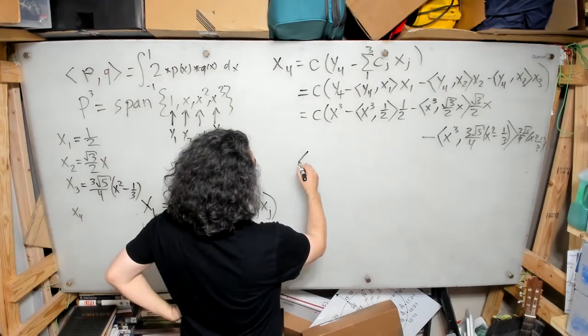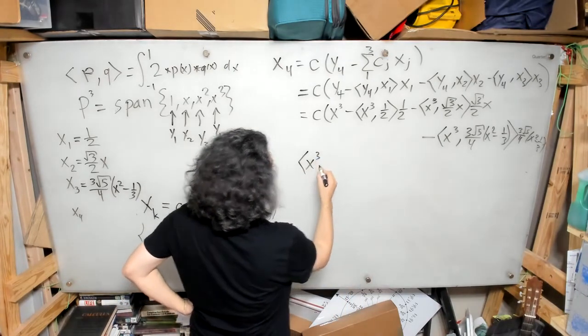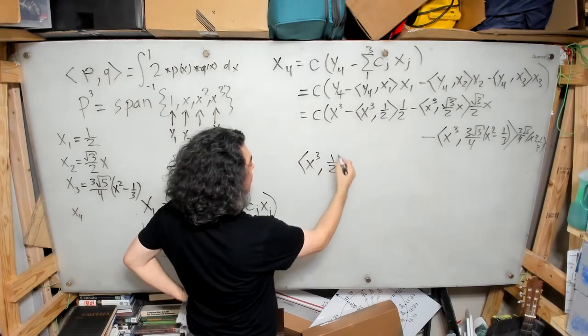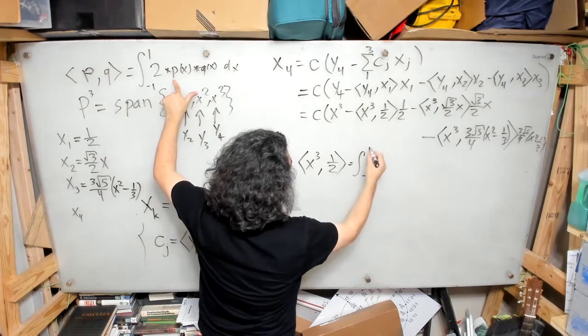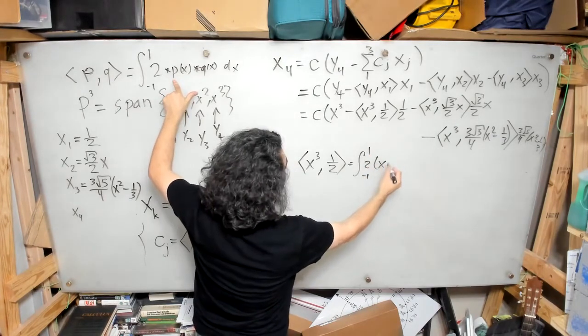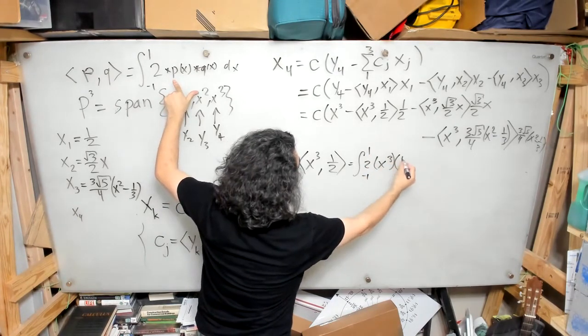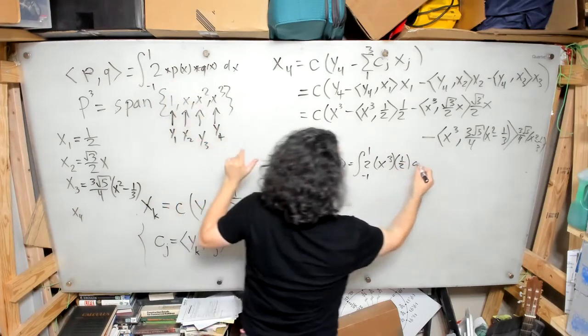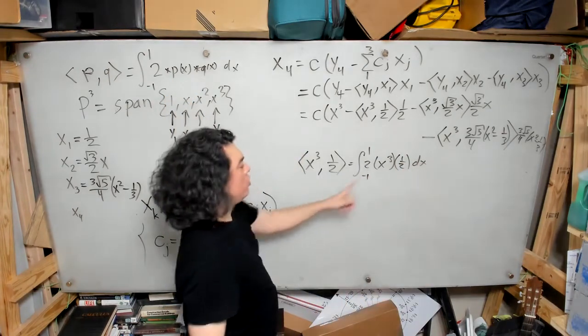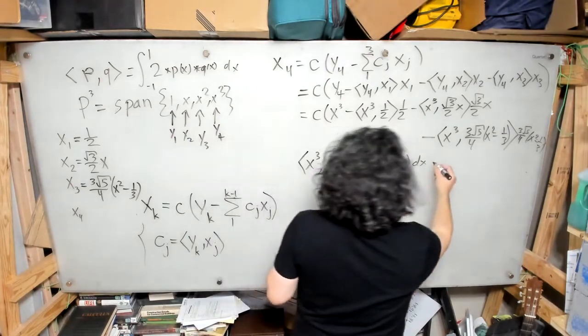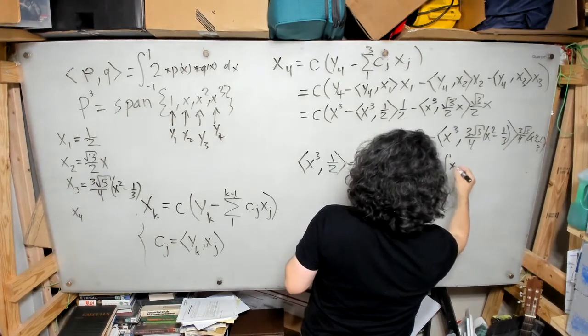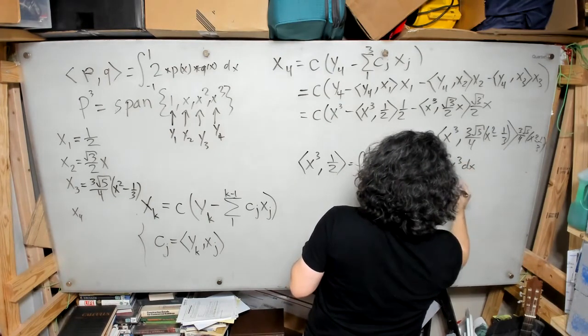What is the inner product of x cubed with 1/2 in this vector space? It's going to be the integral from -1 to 1 of 2 times the p of x, which is x cubed, times the q of x, which is 1/2 dx. 2 times 1/2 is 1, so I'm left with just x cubed. So it's going to be the integral of x cubed dx from -1 to 1.